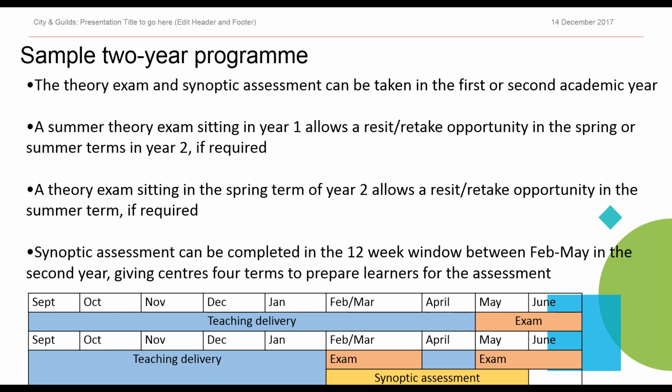You can also have a look at the Synoptic Assessment. I would recommend that you possibly deliver that within the second year, because they have acquired all the practical skills in the first year. They would then sit the Synoptic Assessment, released to you in September. You would enter the marks in February to May, and you would still get your results in June.